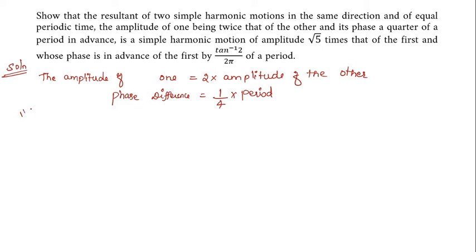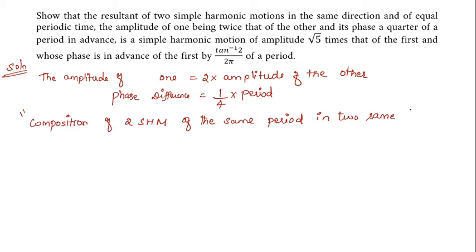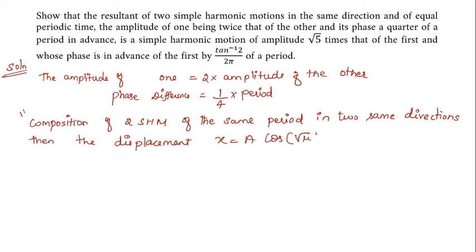We have derived that for the composition of two simple harmonic motions of the same period and same direction, the displacement x is equal to A cos of root mu t plus epsilon, where epsilon is the phase and capital A is the combination of the amplitudes, A1 for the first simple harmonic motion and A2 for the second.